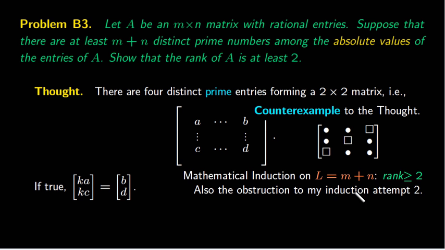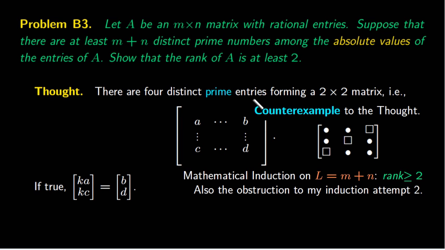In my idea of the induction process, you remove a row and a column. By doing that, you might lose some of the distinct prime numbers in here. If you happen to have, for example, if you're looking at the rows and columns about to be removed in this induction attempt, and you can find just one row or column that contains just one prime, then I'm losing one distinct prime and reducing the size of the matrix by 1.